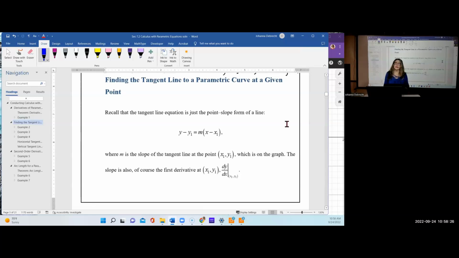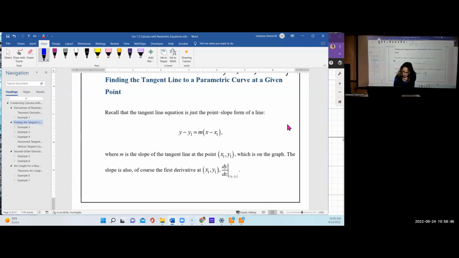Now, if you want to find the slope of the tangent line at a particular point, for example, we just did that, we found the slope of the tangent line at the origin was 3/2, then we can use the tangent line equation in point slope form. So that's y minus y1 equals m times x minus x1.